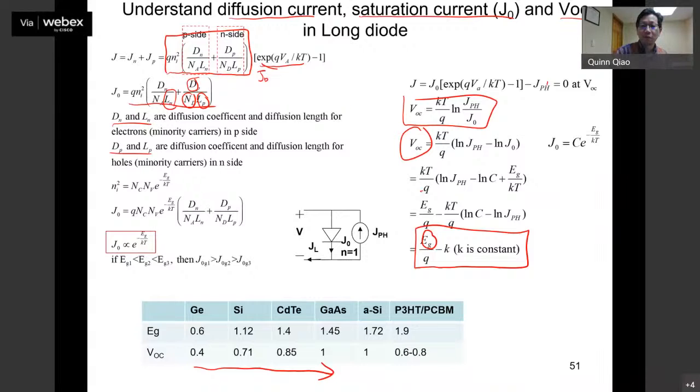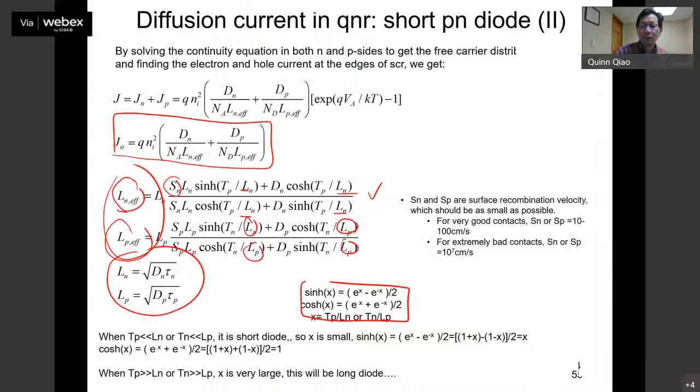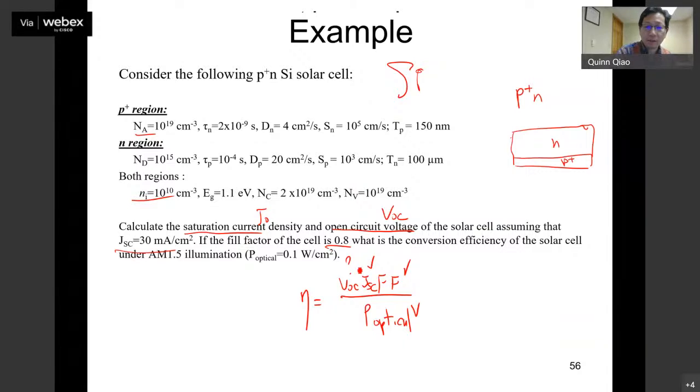VOC equals kT over q times log of J_ph divided by J0, right? So J_ph is very similar to JSC, the short circuit current. Then kT we know, q we know. The only thing we don't know is J0, right? Now we need to find J0.